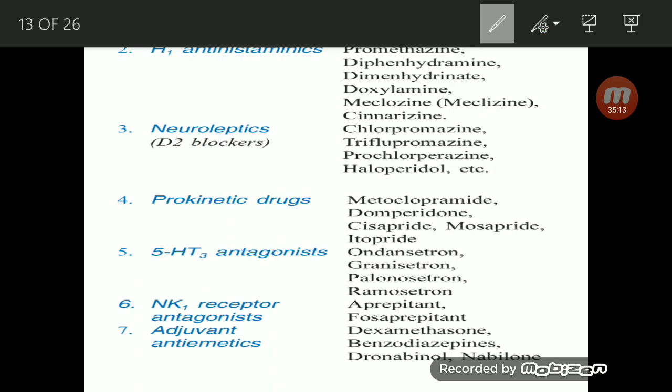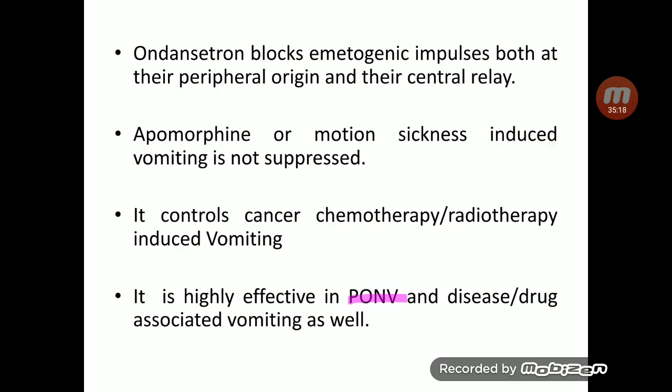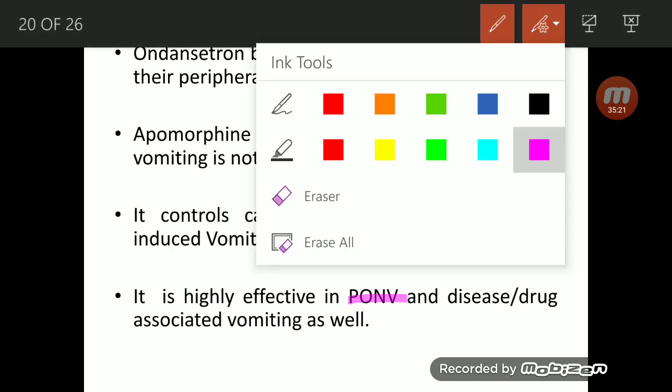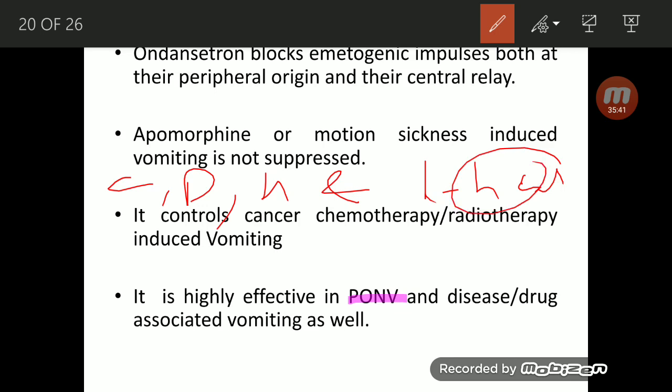When we come to the adverse effects of ondansetron, I think it's better we do it here only. Normally the common adverse effects that you see with ondansetron are constipation, diarrhea, headache, and light-headedness.